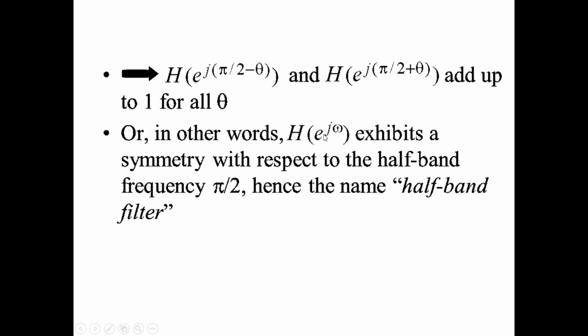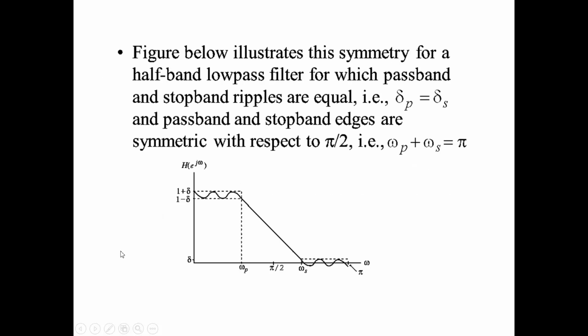In other words, the frequency response exhibits a symmetry with respect to the half band frequency pi by 2, and hence the name half band filter. Now this will be the frequency response of the half band filter.